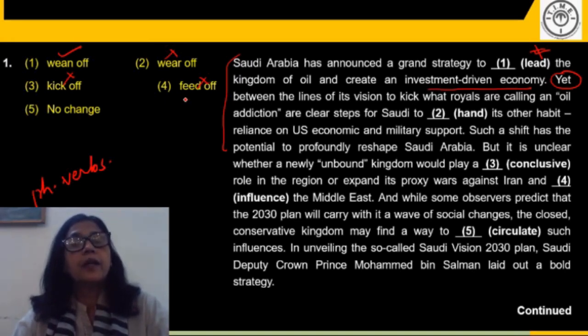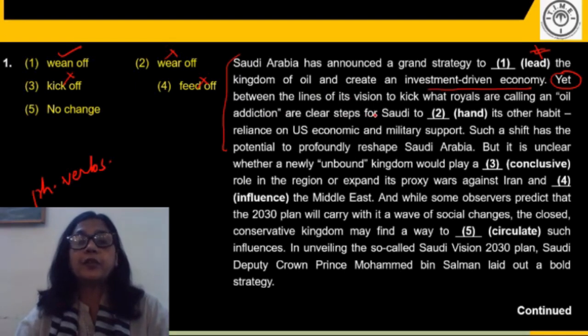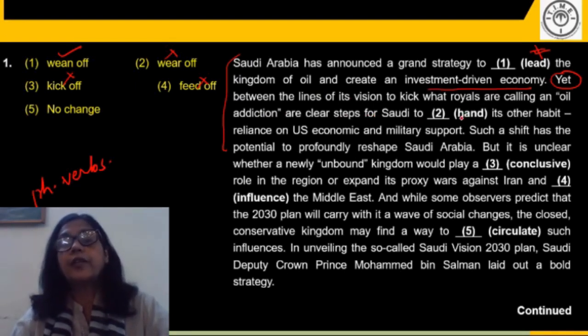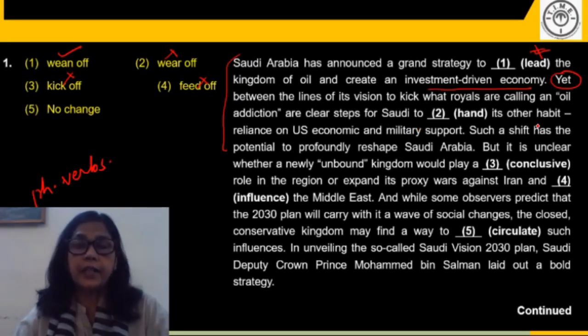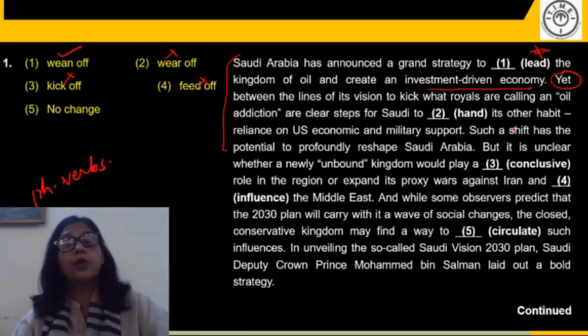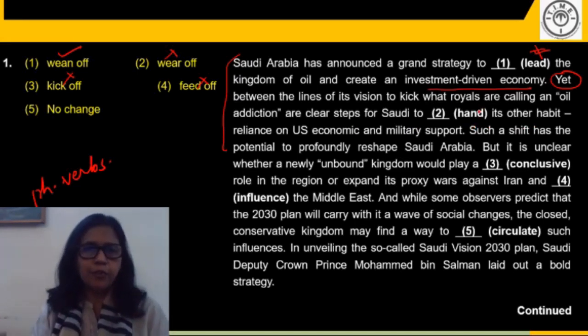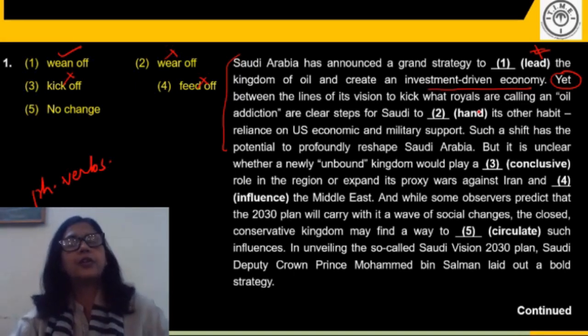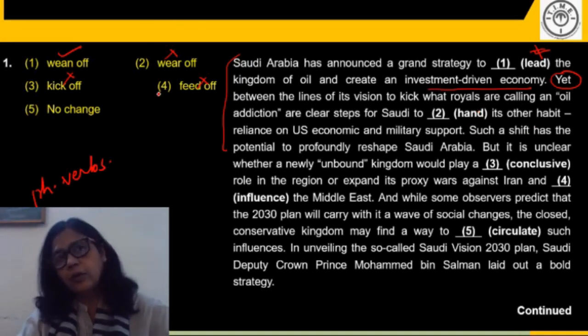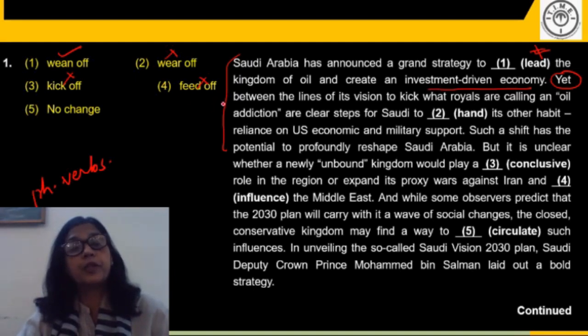Now let us proceed here. Yet between the lines of its vision, to kick what royals are calling an oil addiction are clear steps for Saudi to dash its other habit. To do what? Now what we'll do is, we'll take up one blank at a time. Before we proceed to the second one, we will also check out why the other options cannot be used.